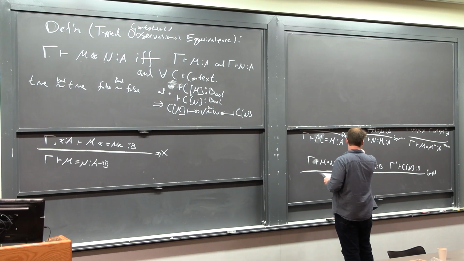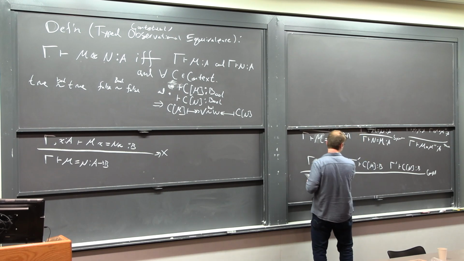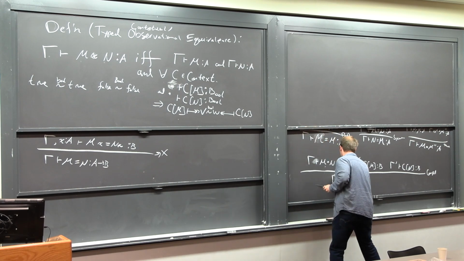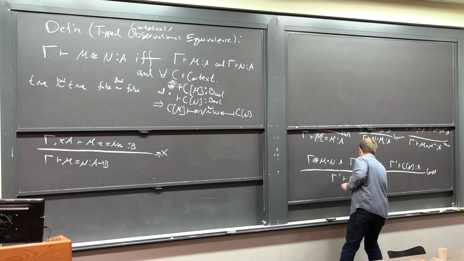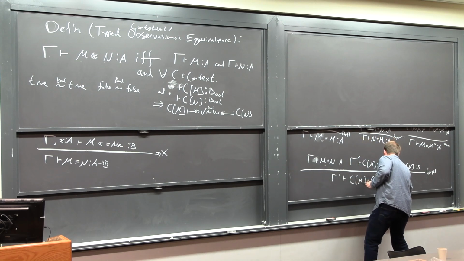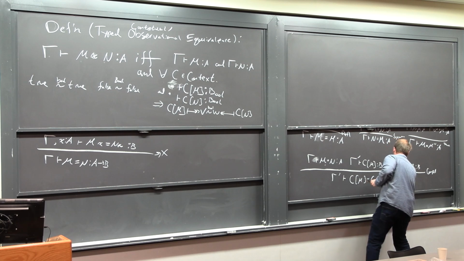So then what else? So if they're equal and I plug them into the same context, then that should be equal, right? At that other type. So that means at gamma prime, C of m should be equal to C of n at type B.